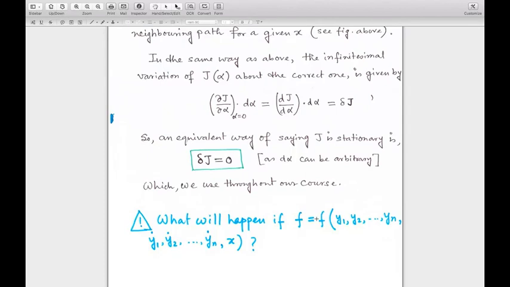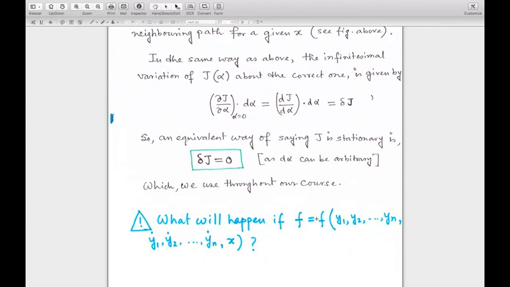This type of thing is known in mathematics as a functional. So here the total problem reduces to finding the appropriate function for which the corresponding functional, which is J, is stationary or has an extremum value, minimum or maximum.